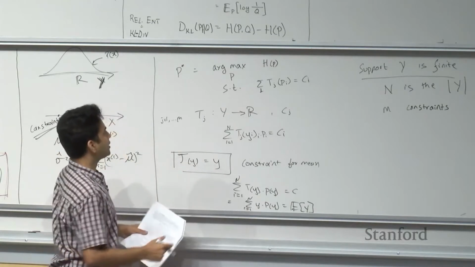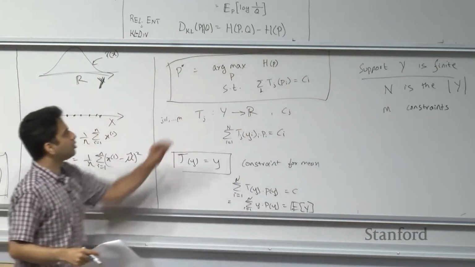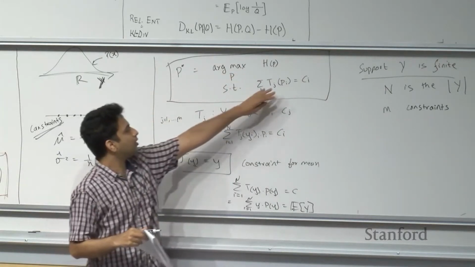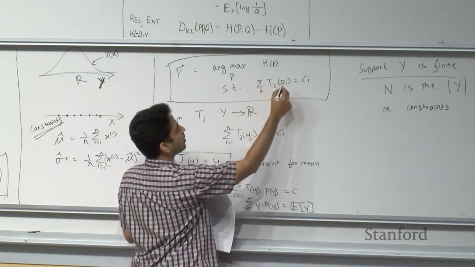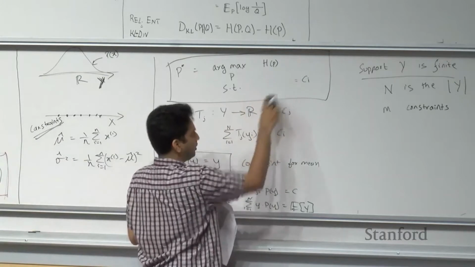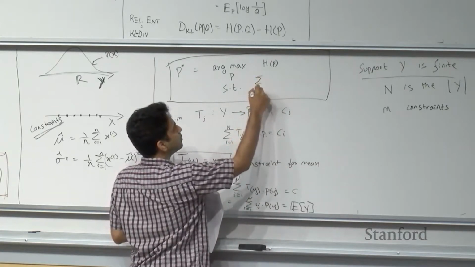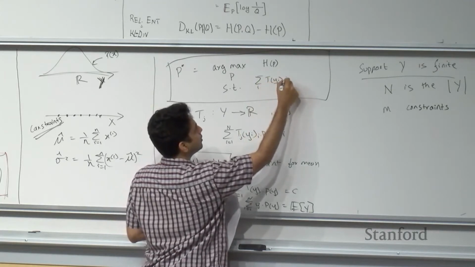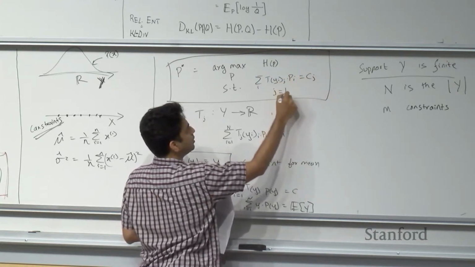And now our task is to perform this optimization. We want to maximize the entropy of the probability distribution such that some linear constraints over p are satisfied. Let me write this more clearly: the sum over i of t_j of y_i times p of i is equal to c_j, where j equals 1 through m.